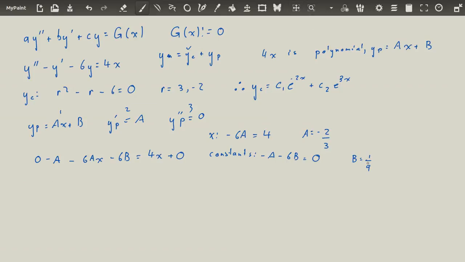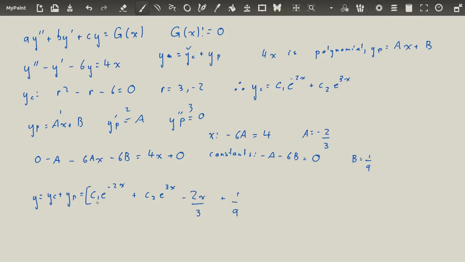So now that we have our a, our b, and our characteristic solution, we can find that y is equal to yc plus yp, which is c1e to the negative 2x plus c2e to the 3x, minus 2x over 3 plus 1 over 9.